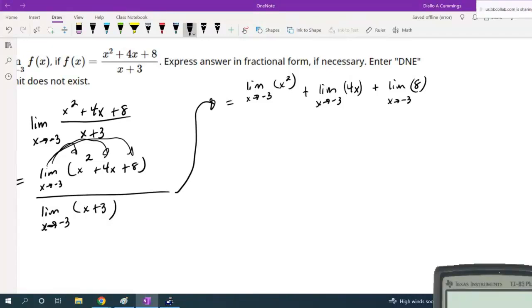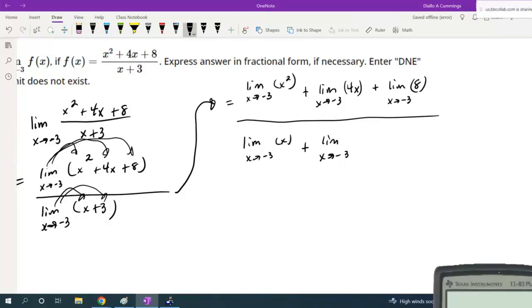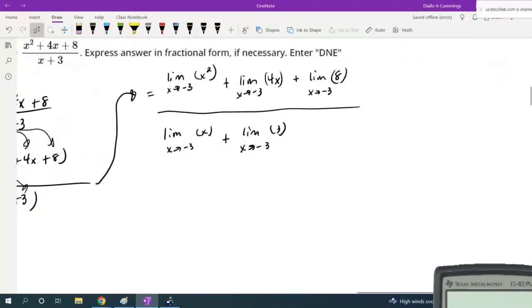I'm just putting all these arguments in a set of parentheses. And then I'm going to distribute the limit in the denominator. So this is the limit as x approaches -3 for x plus the limit as x approaches -3 for 3. So I've used that sum and difference rule.